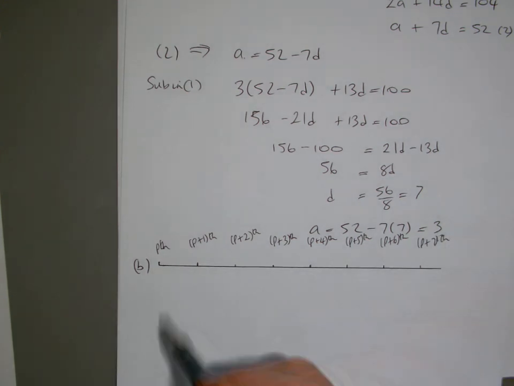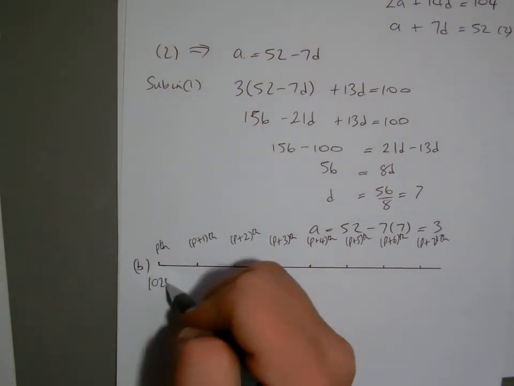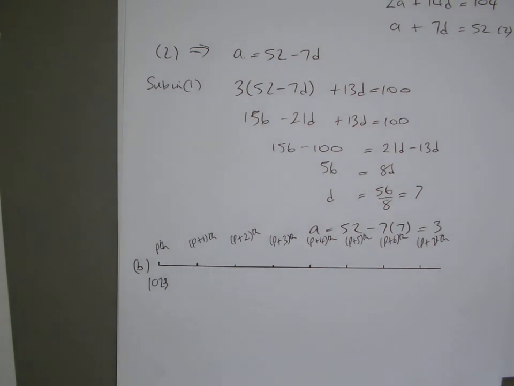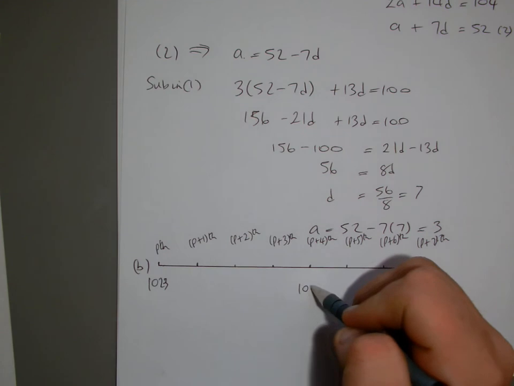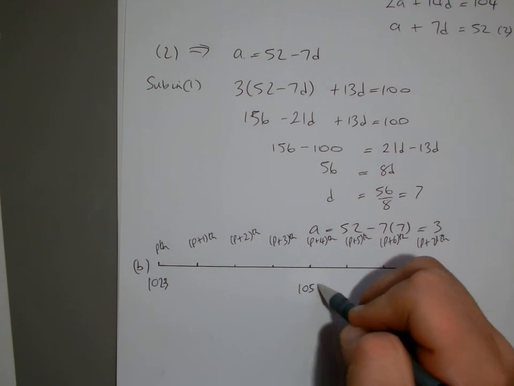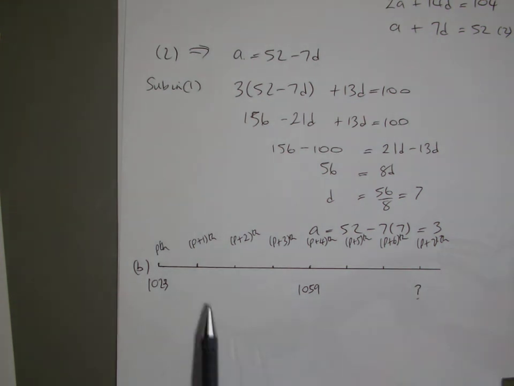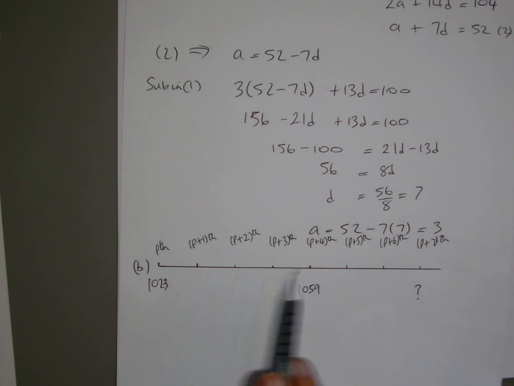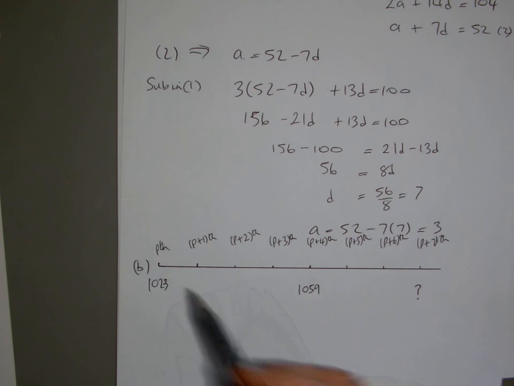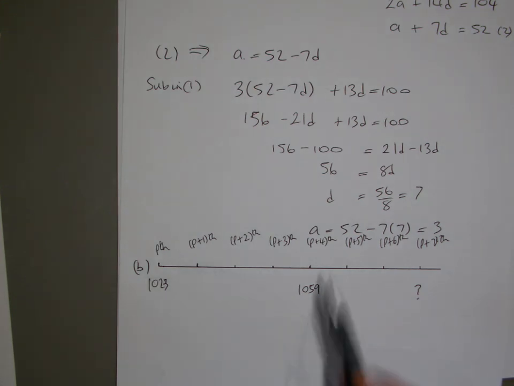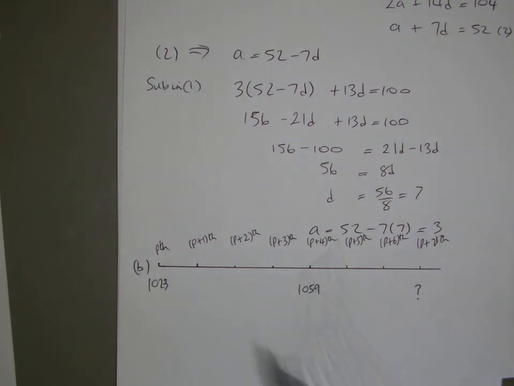So what are we told? We're told that the pth term is 1023, and we're told that the p plus fourth term is 1059. So we want to find out what the p plus seventh term is. So what you need to see here is work out how many differences there are. So we've got one difference, two differences, three differences, four differences. So there's four differences added on to get to the p plus fourth. You might have seen that already, because this is the pth term, so p plus fourth term will be four differences.